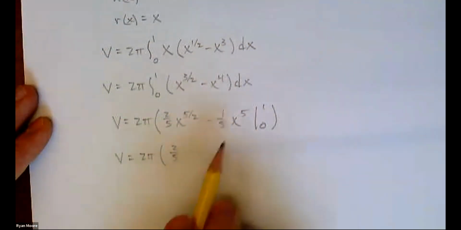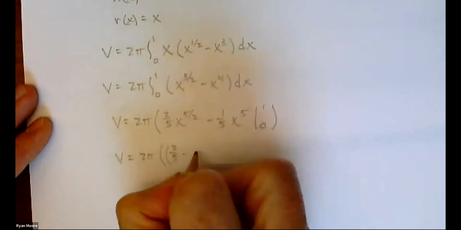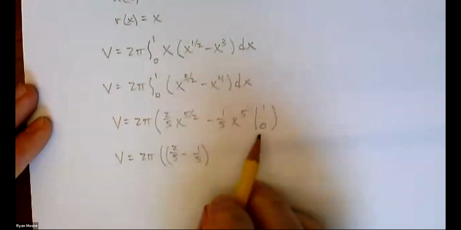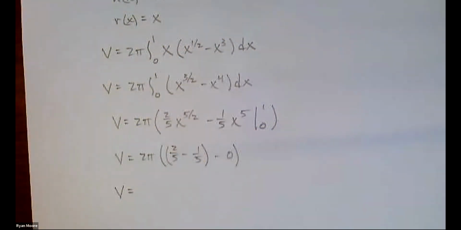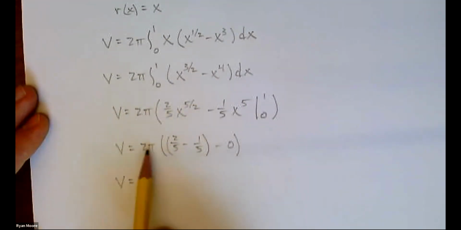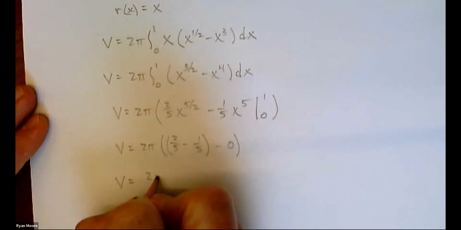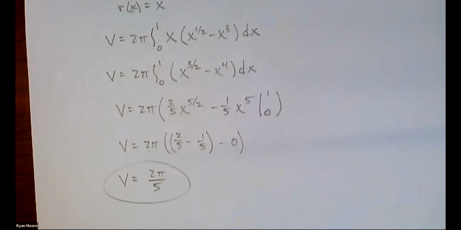You plug in 1 and it's going to be 2/5 minus 1/5. Plug in 0, it's going to be 0. So what do we have here? This would be 1/5 times 2 pi, which is 2 pi over 5. We got it.